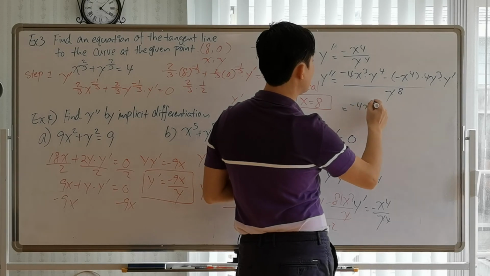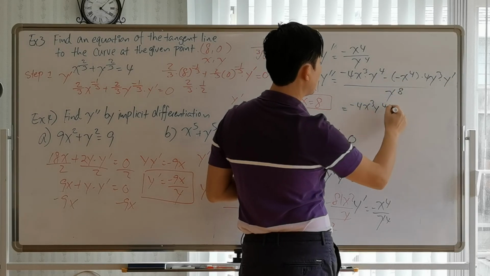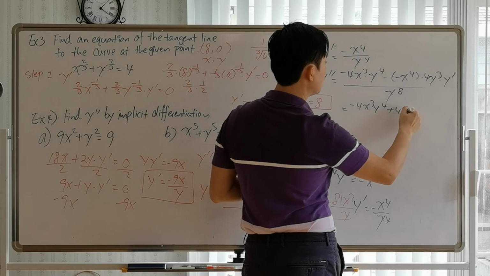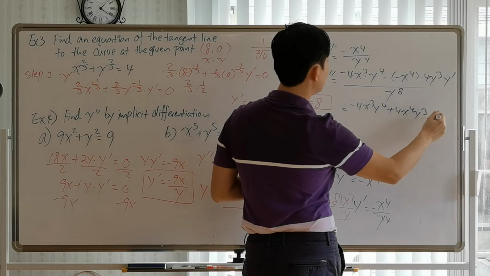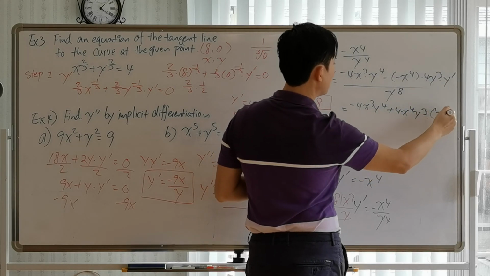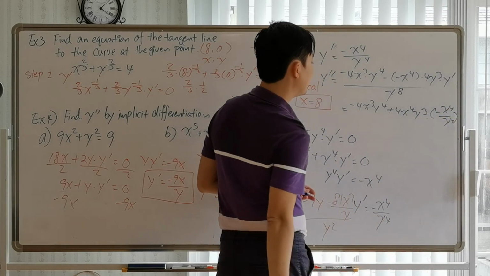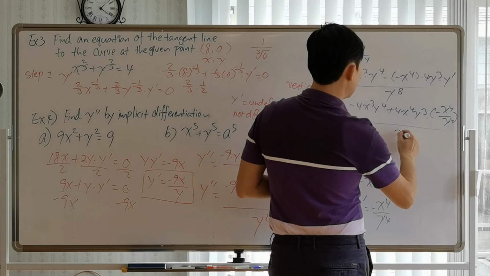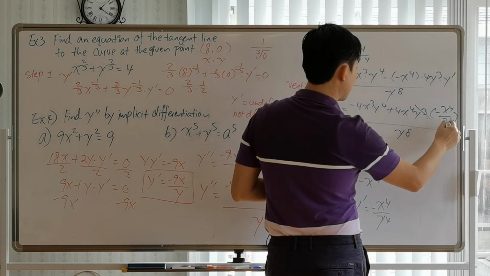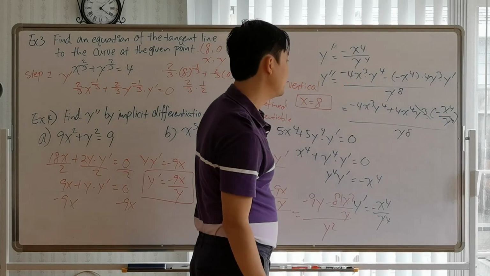So negative x cubed, y to the power 4, negative, negative, positive. So 4x to the power 4 y cubed times this one, negative x to the power 4 over y to the power 4. Well, obviously you can reduce it. So this one got canceled, this one reduced.